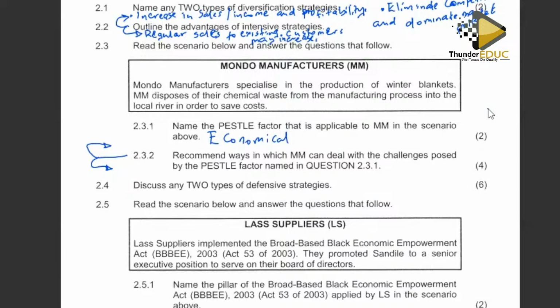They must consider decreasing profit margins rather than increasing product prices. We are saying that MM should consider decreasing profit margins rather than increasing product prices. And also they must consider exchange rates when trading with other countries.